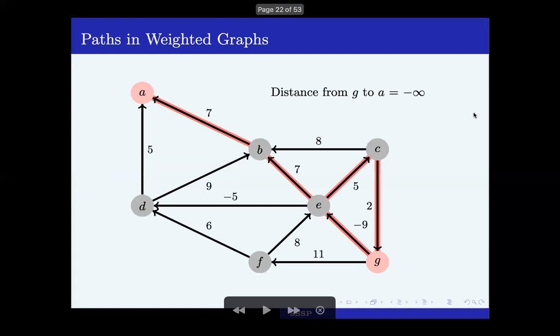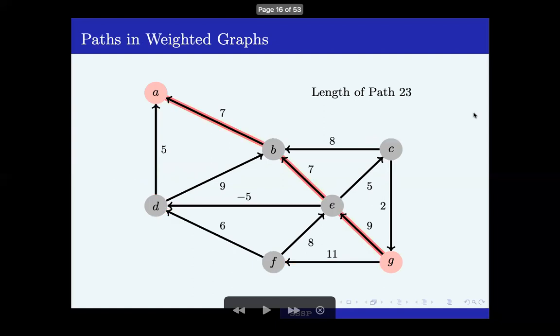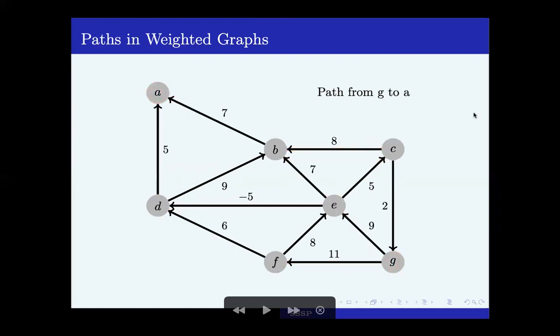Now, what happens here? Say I have this kind of path, and why did I say that negative weights are harder to handle? This is a graph which has one negative edge. What happens if I increase the edge weight of every edge by 6?